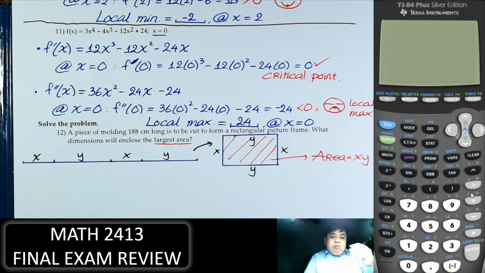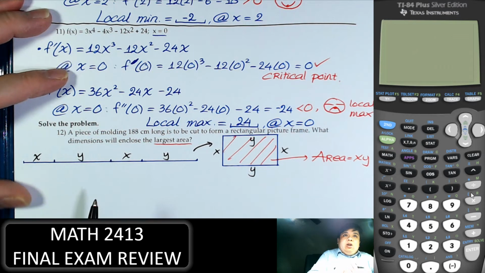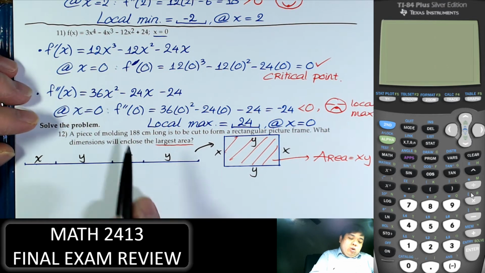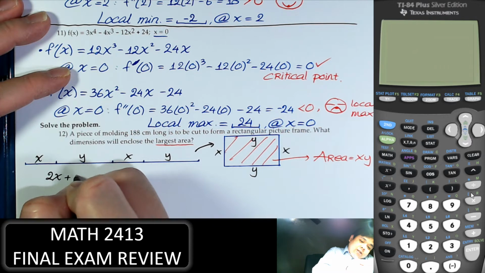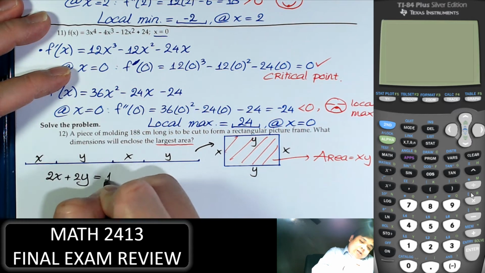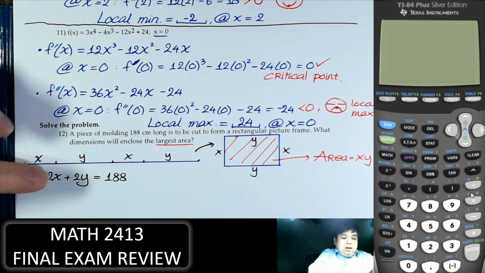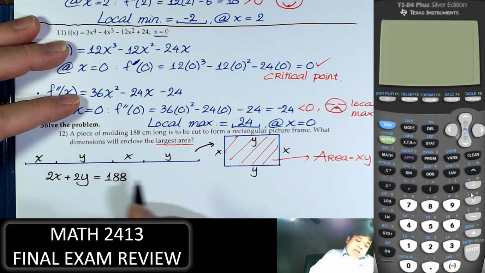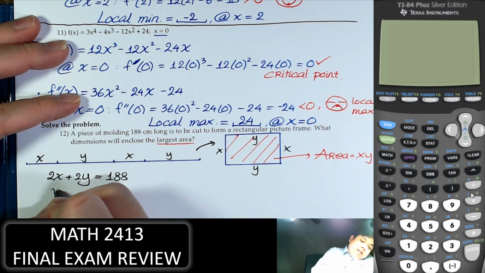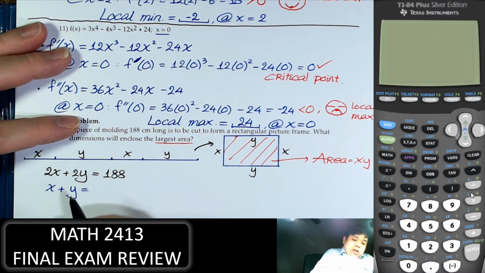So we try to maximize x times y. But here we say that x plus y plus x plus y, or 2x plus 2y, has to be equal to 188. From here, if we divide everything by 2, I will have x plus y equal to 188 divided by 2, so that is 94.